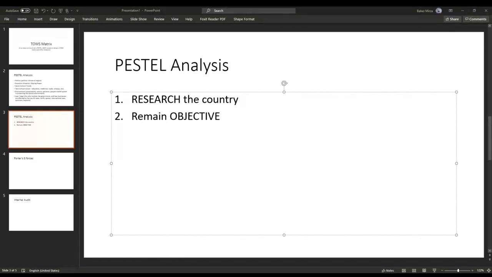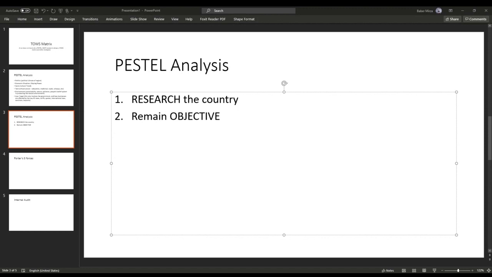We try to remain objective in PESTEL. When we research the country, we try to focus in on our business objectives. That's the first thing. The business objective, let's say, is to enter a market. One objective could be the type of customers we're targeting, the ones who are exposed to the brand.